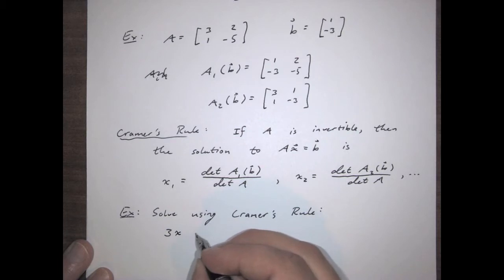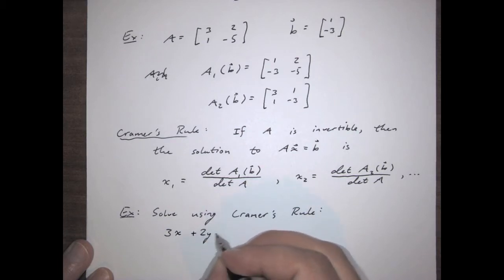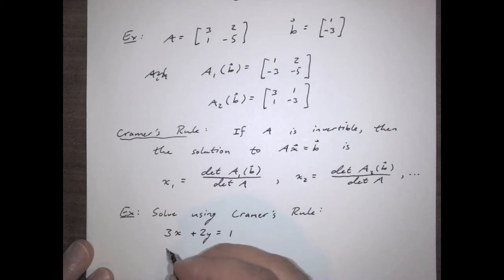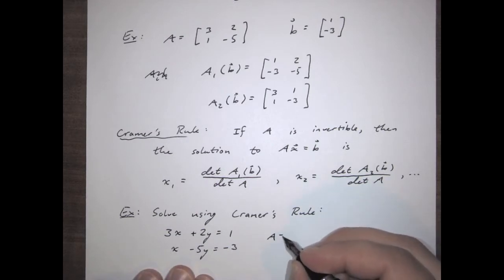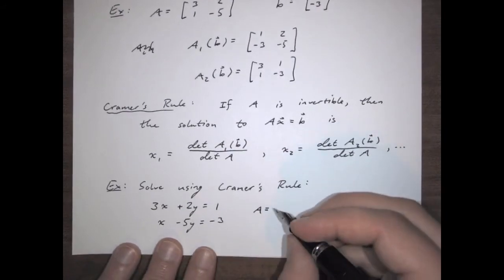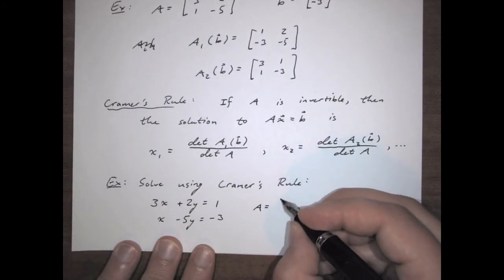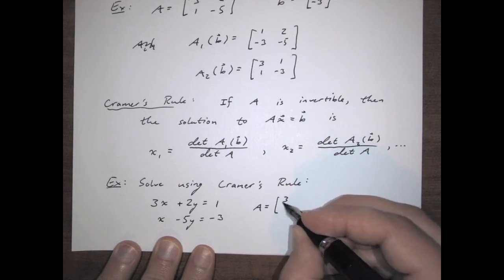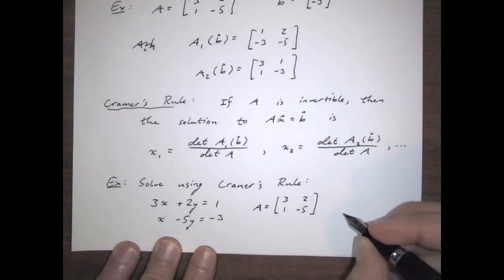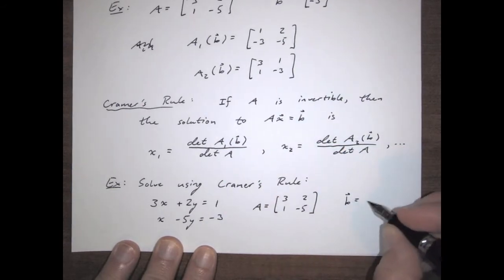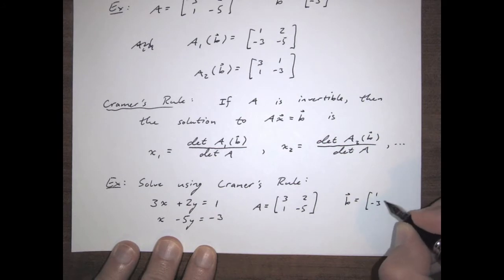So 3x plus 2y equals 1, and x minus 5y is equal to -3. Now, would this be hard to row reduce? No, it would not. But it's also very quick and easy to solve this with Cramer's rule. So then A is, you just peel off the coefficients there, so 3, 2, 1, -5, just as above here. B would be the 1, -3, just as above there.